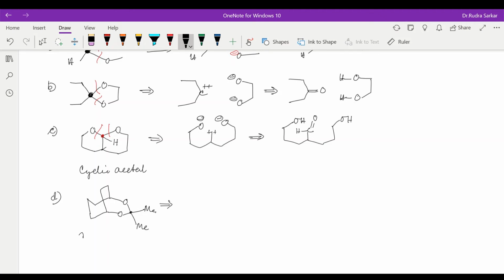So this is a cyclic ketal. Okay, if there was a hydrogen over here, then it would have said cyclic acetal. Okay, so this is a cyclic ketal. Now again, disconnect where? Over here. What to do next?